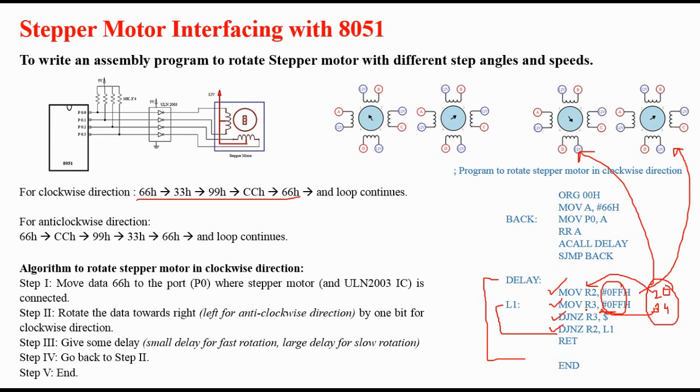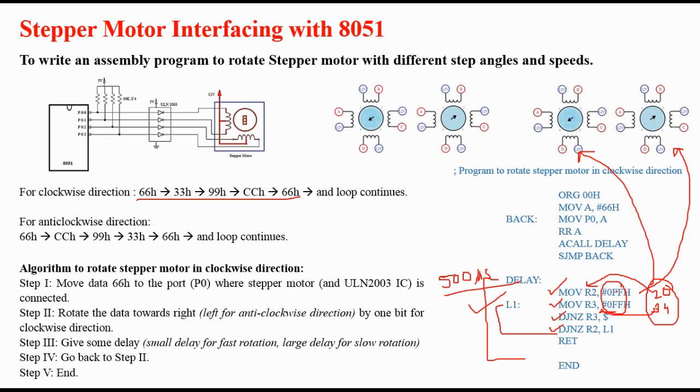In accordance with that, after doing some mathematical calculation, you will come to know that this loop is getting executed for, let's say, some 500 microseconds. So 500 microseconds of delay will get generated.